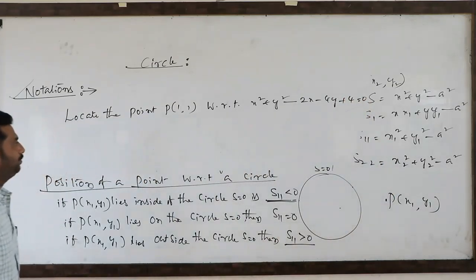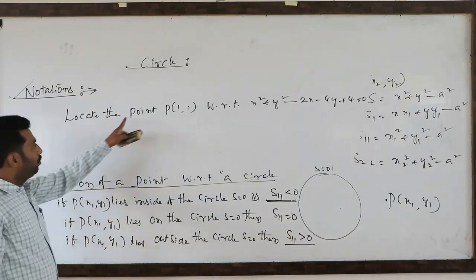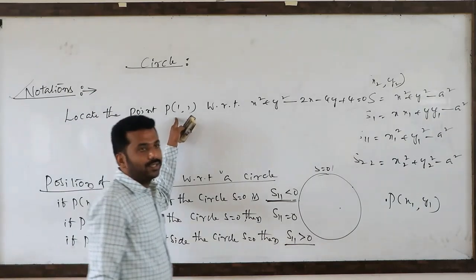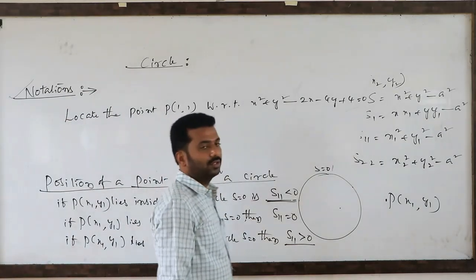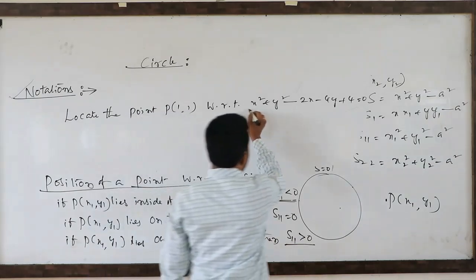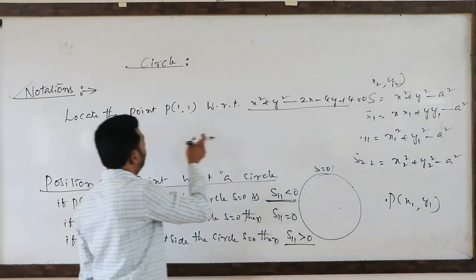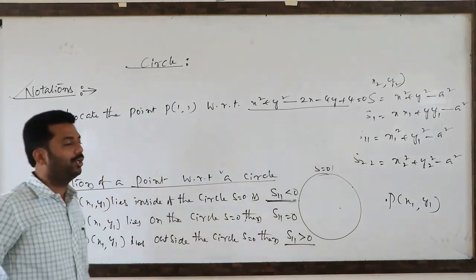Just observe. We have to locate this point, where it is with respect to the circle, whether it is inside, outside or on the circle. We have to guess.